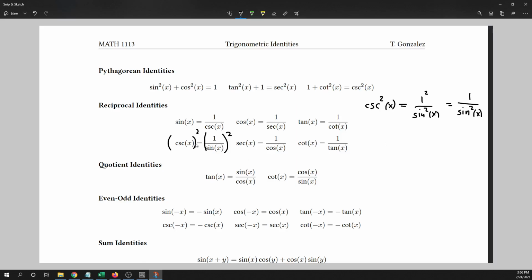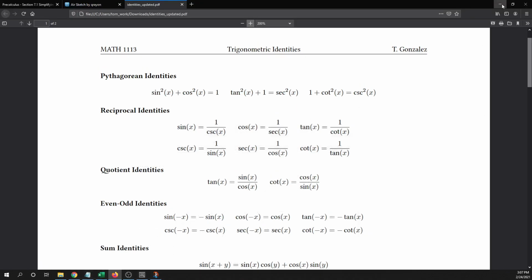So we knew that cosecant was 1 over sine x. We can use that fact, since that's one of the identities that we absolutely know is true, and come up with this new identity that cosecant squared is also equal to 1 over sine squared, since these are ones that we are assuming are true.